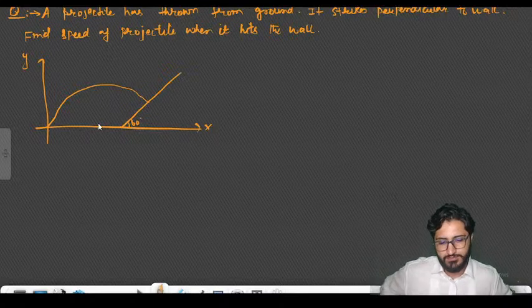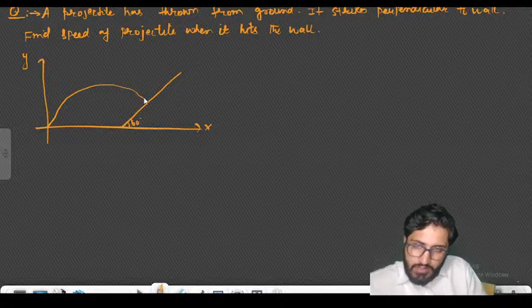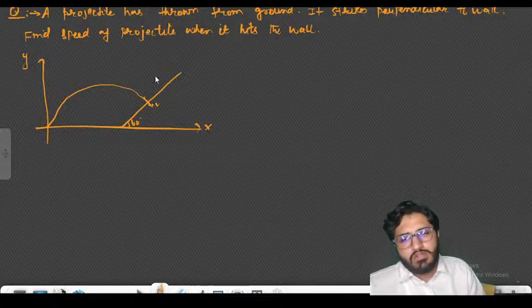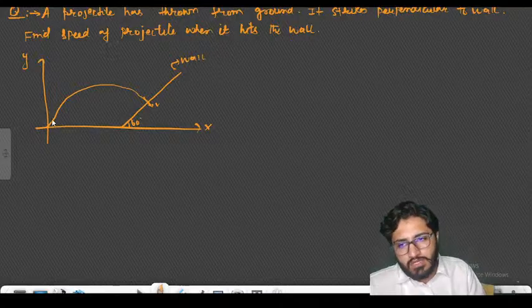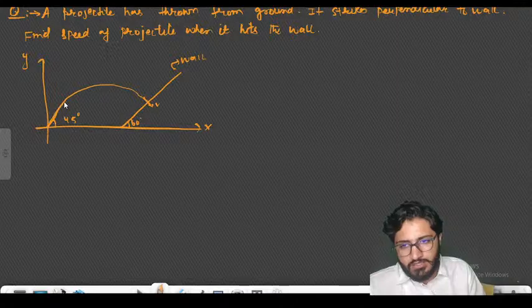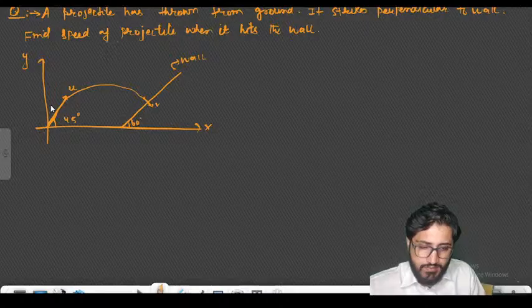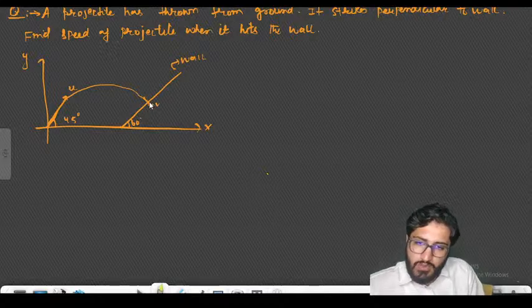I need to find out this velocity with which it strikes the wall. This is my wall. It's my angle theta, 45 degree. Let us suppose it's my u velocity. One thing that we know from the previous things. So look now, this is my velocity v.